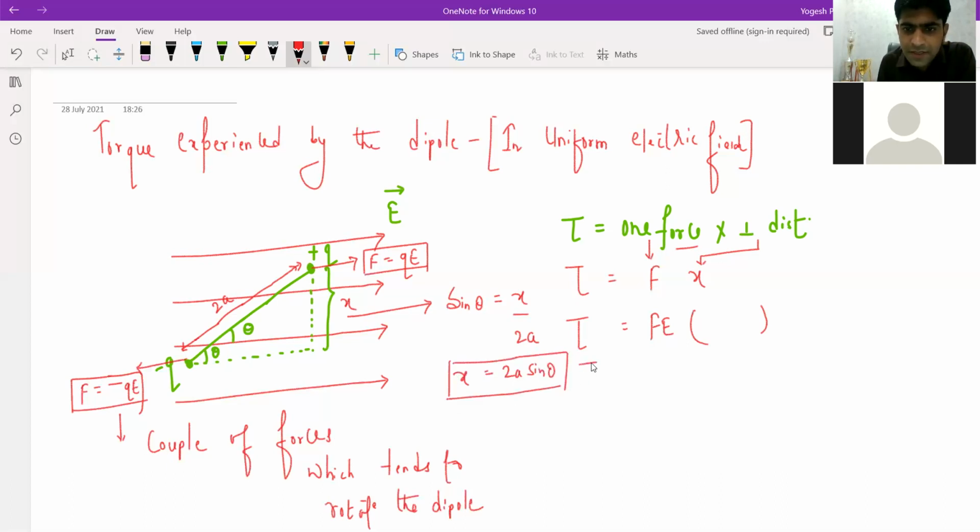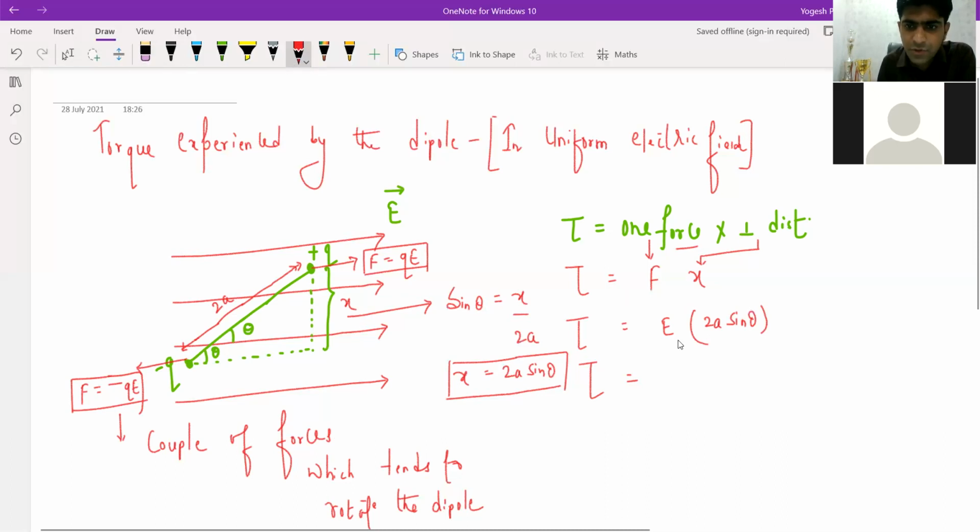So from here we can write tau is equal to F into 2a sine theta. It should not be F, it should be QE, right?